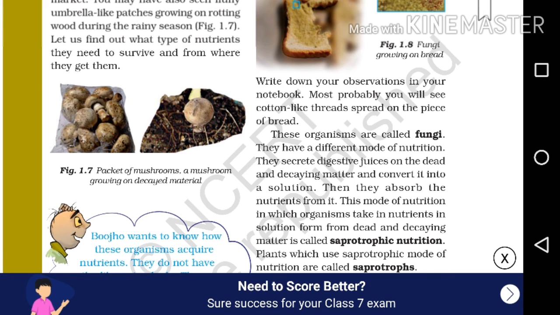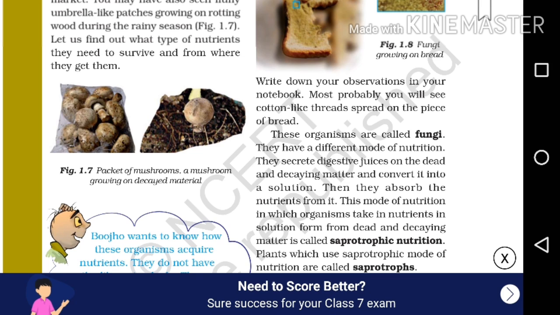Okay. They secrete digestive juices on the dead and decaying matter. Where they will secrete? Yes, on the dead and decaying matter. Then they will convert this dead and decaying matter into a solution.